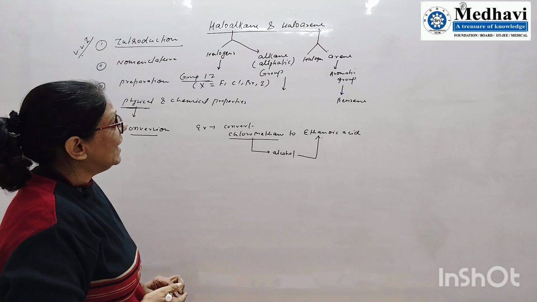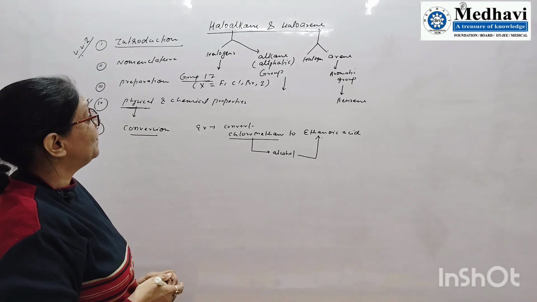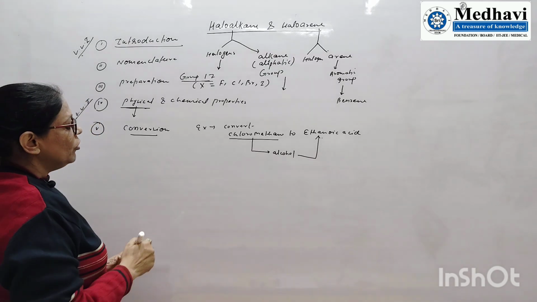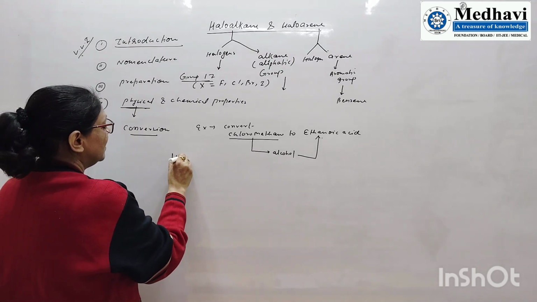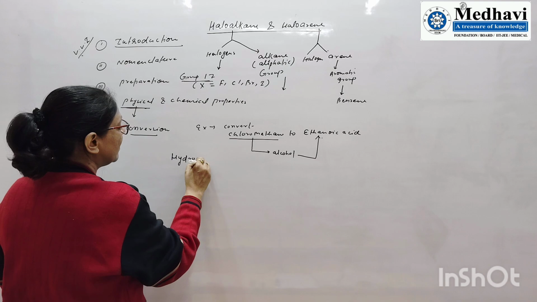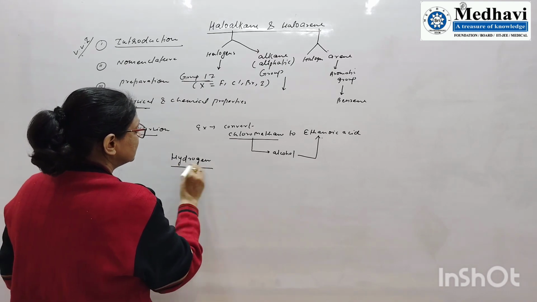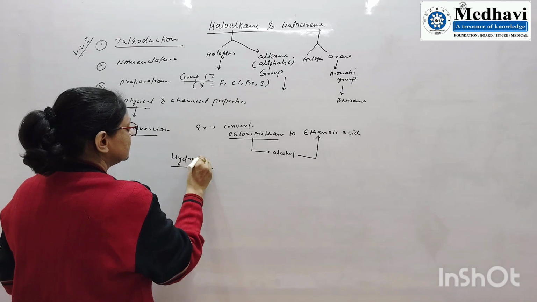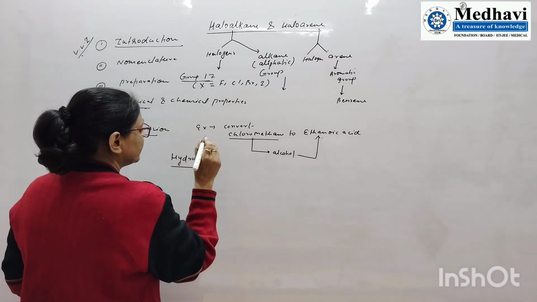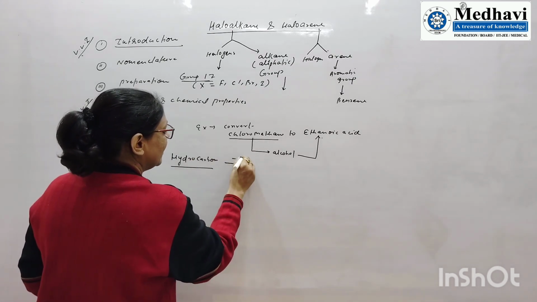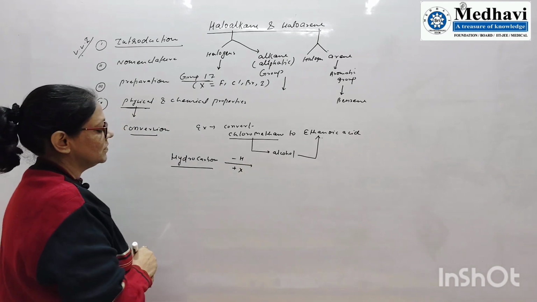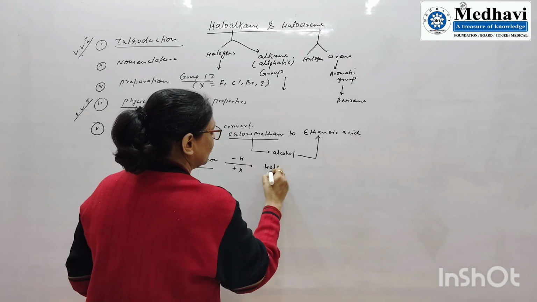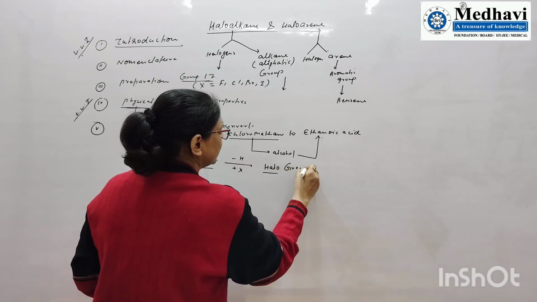So haloalkane and haloarene. How can you prepare haloalkane or haloarene? You can say that if the hydrogen of a hydrocarbon is replaced by halogen groups, then it becomes a halo group. Very important.